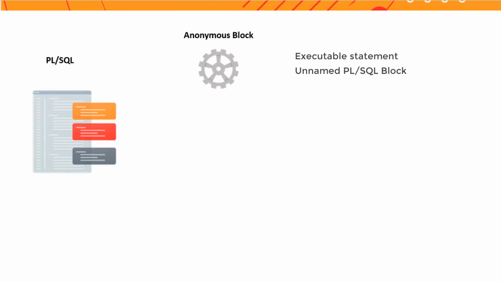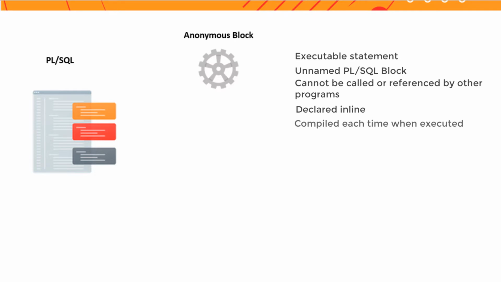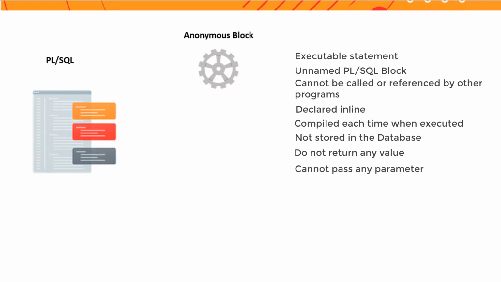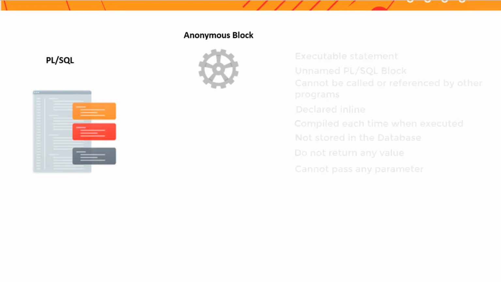Because they are unnamed, other programs cannot reference or call them. They are declared inline and compiled each time they are executed. An anonymous block is not stored in the database. Anonymous blocks do not return any value. You cannot pass any parameters in anonymous blocks.